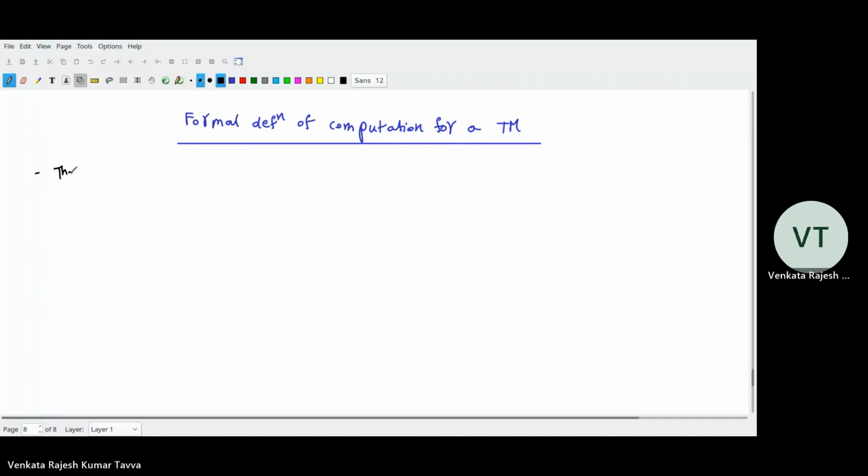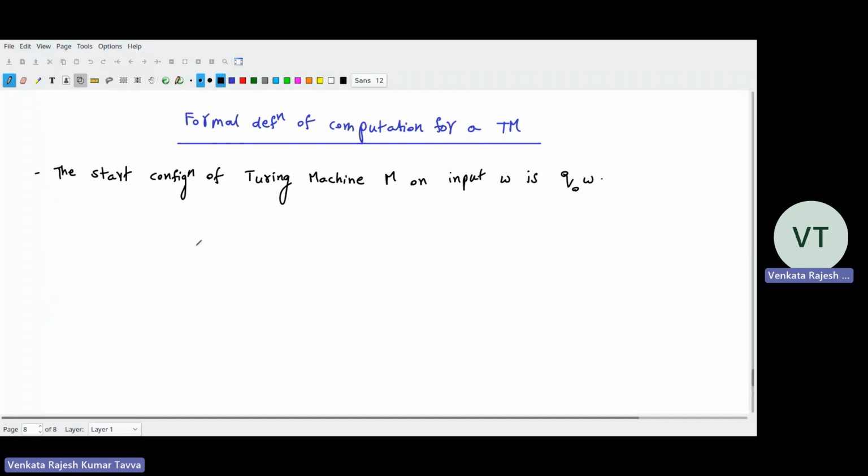Okay, the start configuration of Turing machine M on input W is Q naught W, right? It is pointing to the first symbol of W, and the start state is Q naught, so the configuration is Q naught W. Okay.